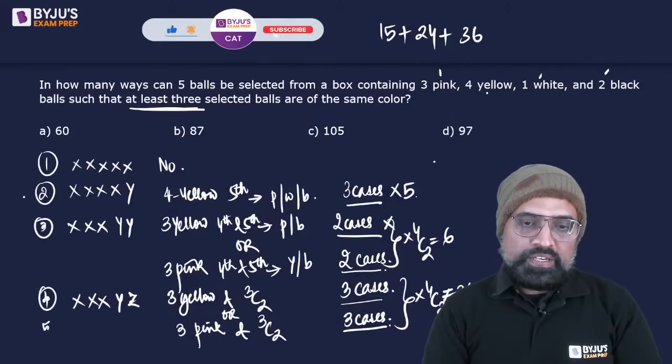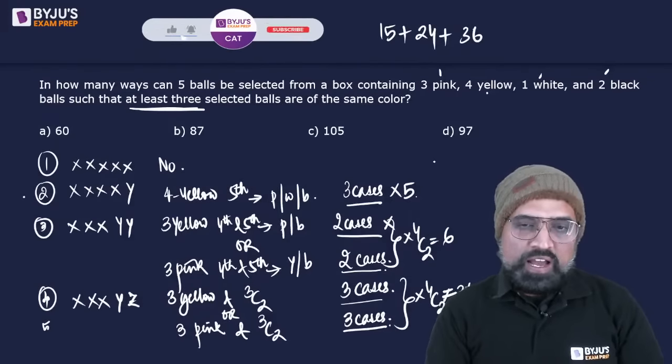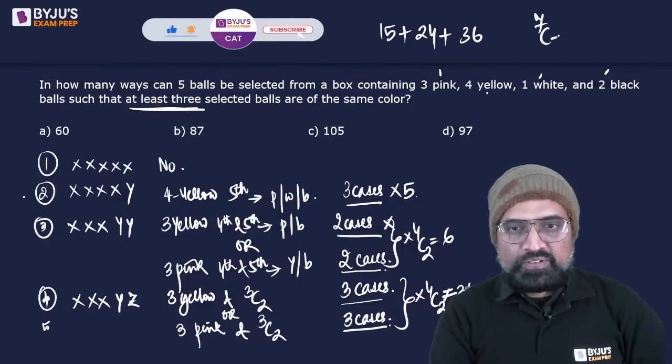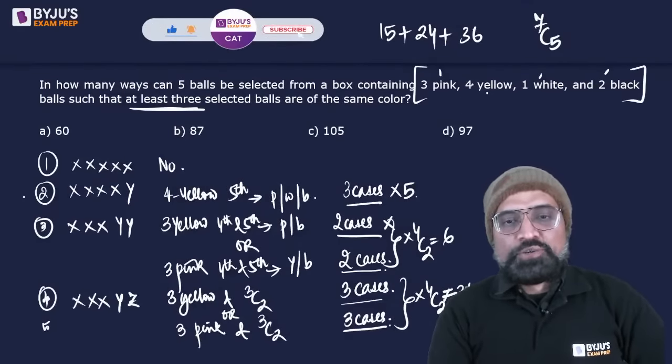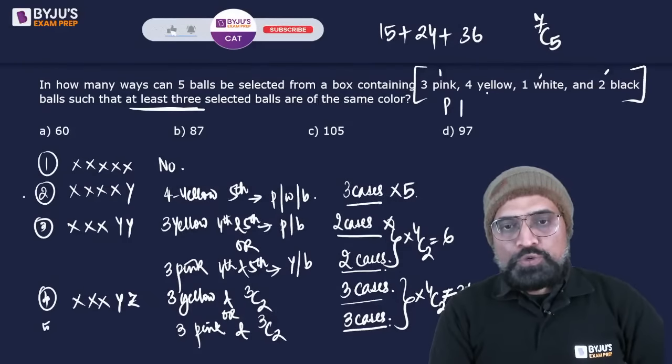But in this, 2. I can't do 7C5 directly, no? When you take 7C5, you can have 2 pink, 1 yellow, 1 white, 1 black.